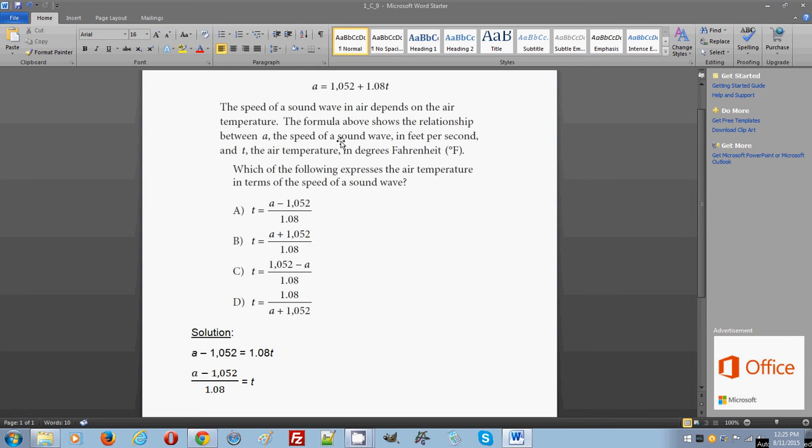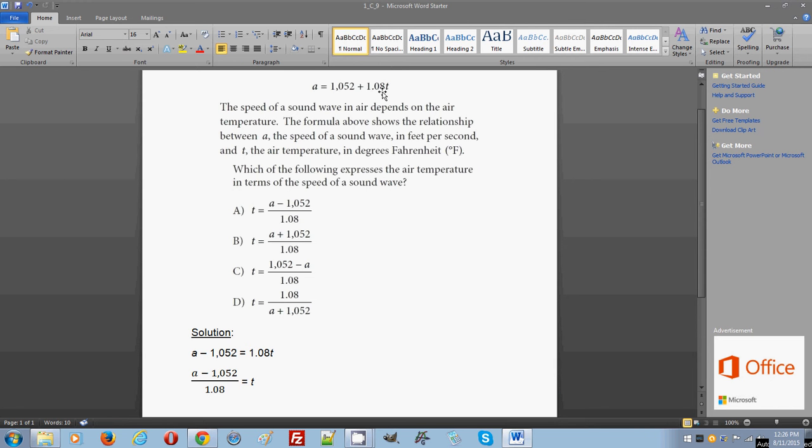So we have the speed of a sound wave expressed in terms of the air temperature in degrees Fahrenheit. We can see that as temperature increases, the sound wave speed also increases, because this is a linear model and everything is positive here.